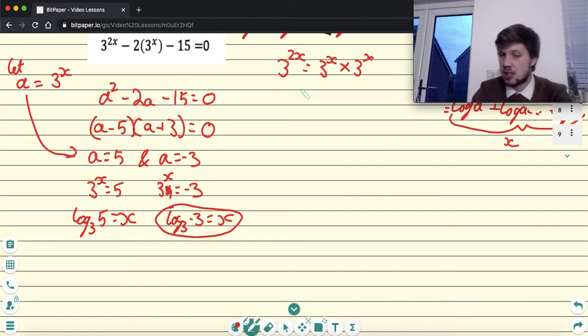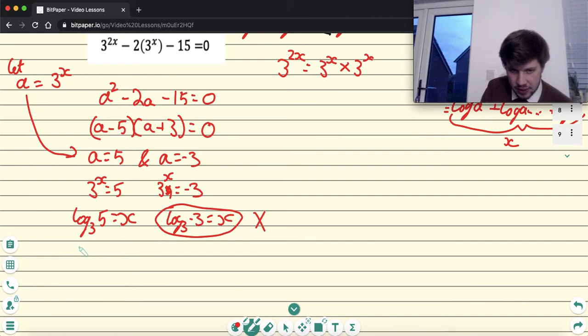As it's positive, there is no way I could get a negative answer. So if you tried that on your calculator, you would end up with a math error. However, looking at just the first one, log base 3 of 5 would give me an answer of 1.46 to 3 significant figures. So I'll just write that underneath, 1.46.